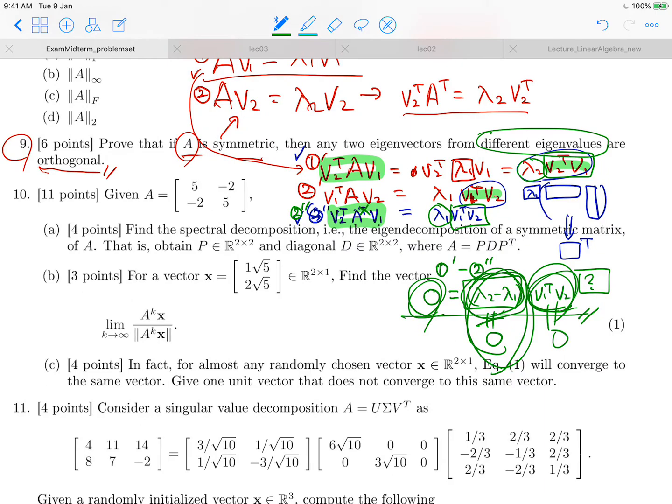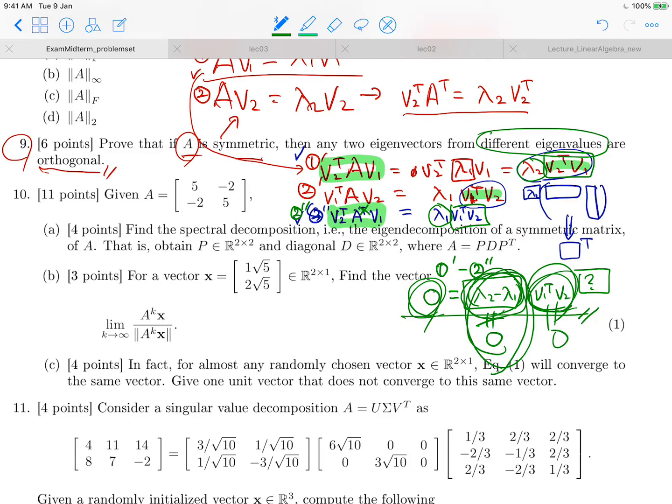And then moving on to the second question. I'm not going to compute the exact eigendecomposition, but for this given vector, it is just the result of multiplying A over and over with the given vector X, right?